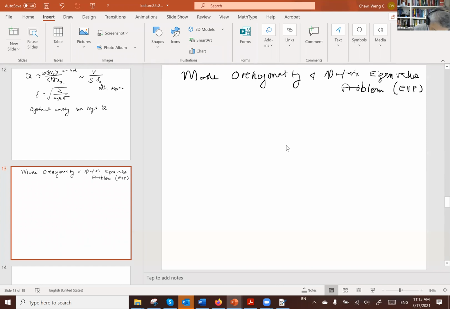So let's assume that we have a matrix eigenvalue problem such as this one.